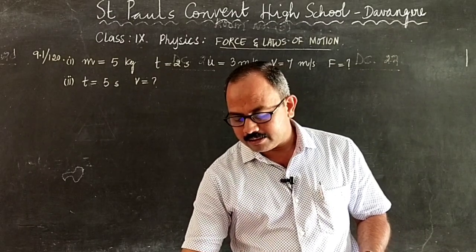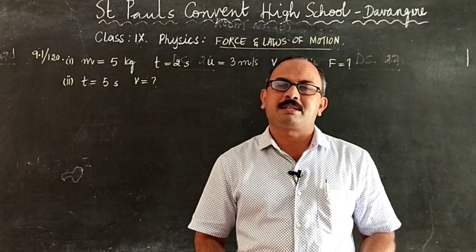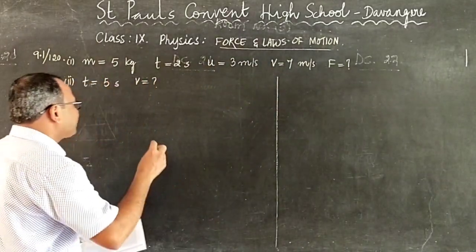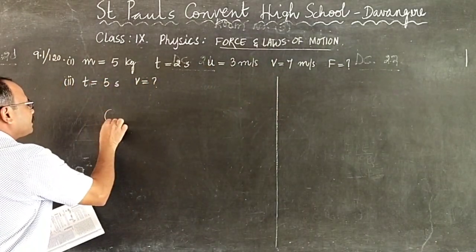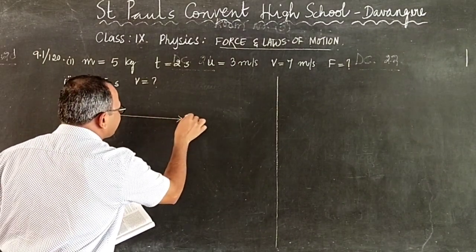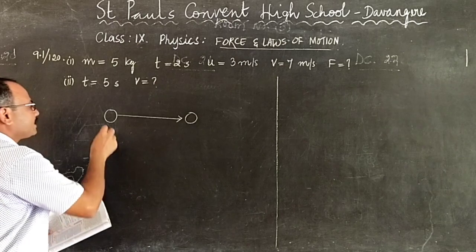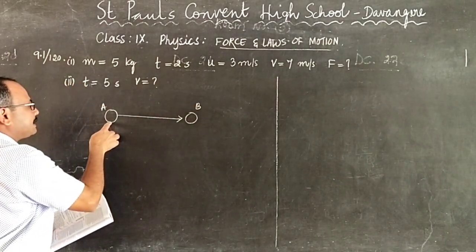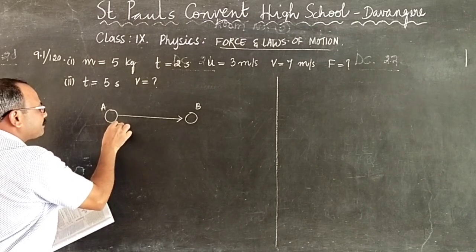Let us take the diagrammatic representation, an easy way of doing this. Let me consider this is the ball which is kicked. It comes to another player. So player A, player B.